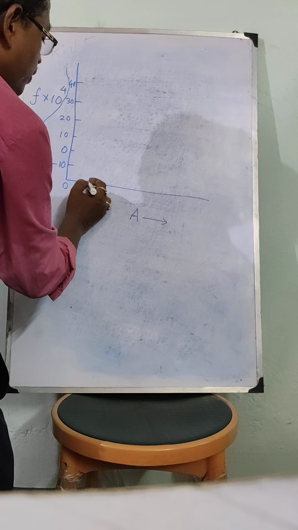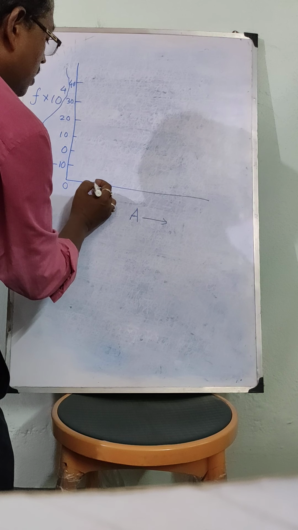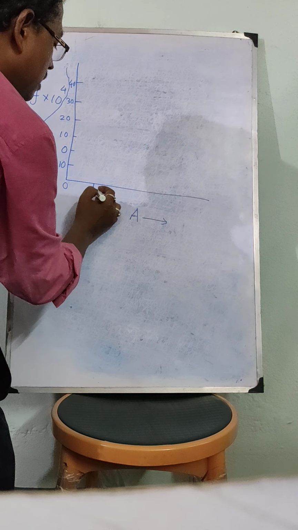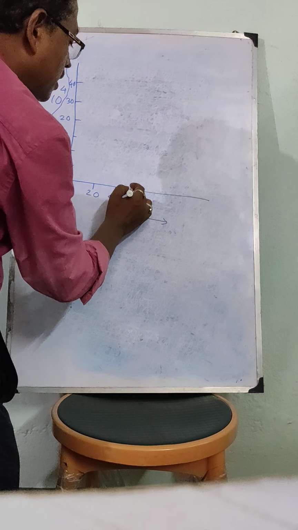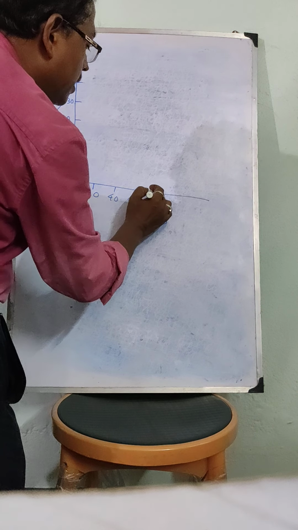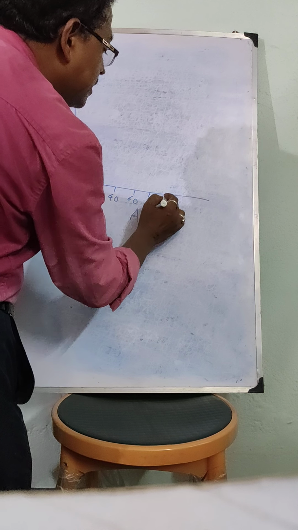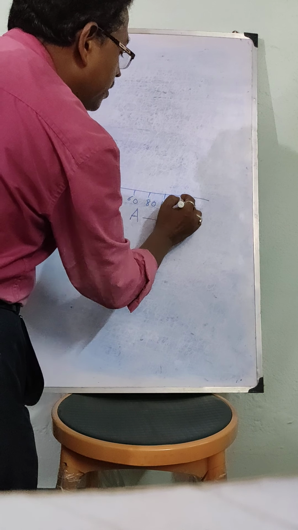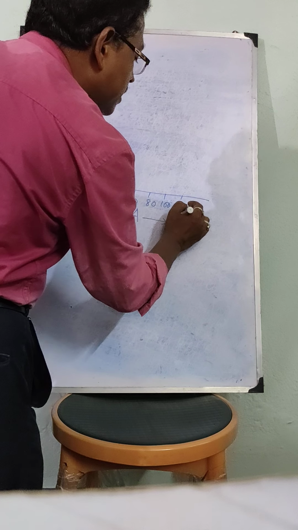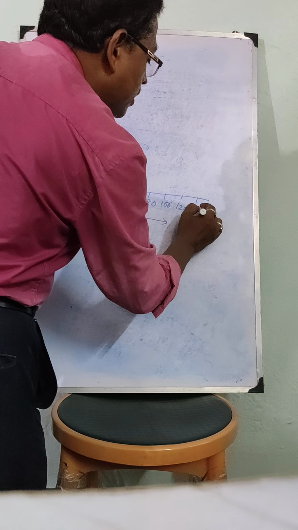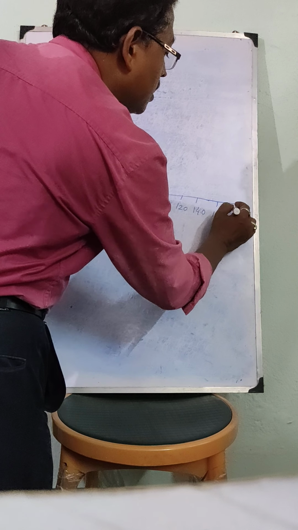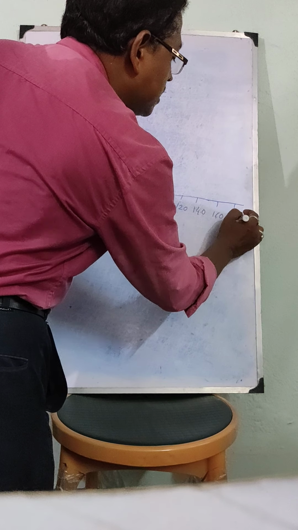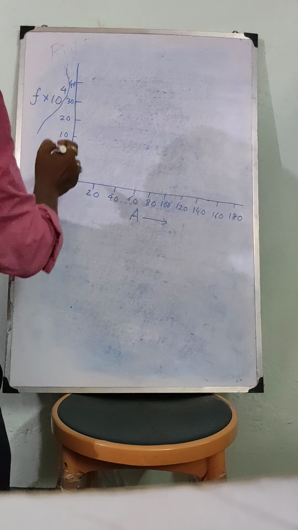Here suppose we have 20, then 40, then 60, 80, 100, 120, 140, 160, 180. So the graph is like this.